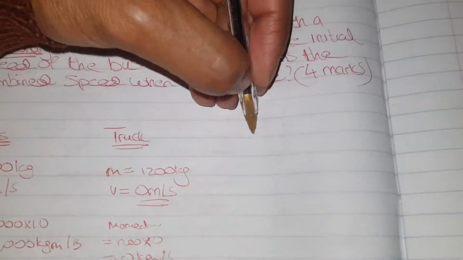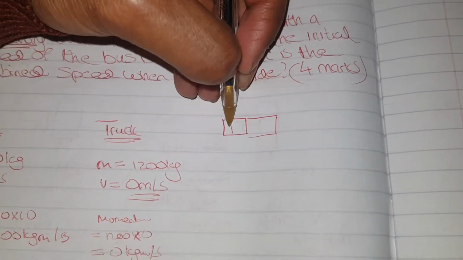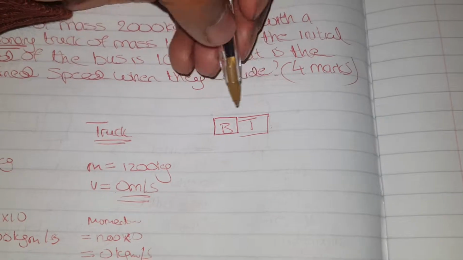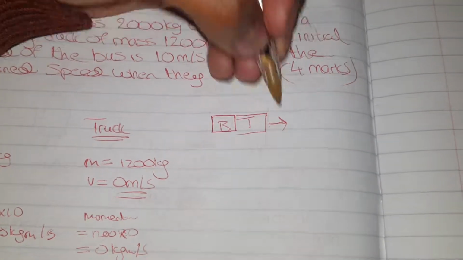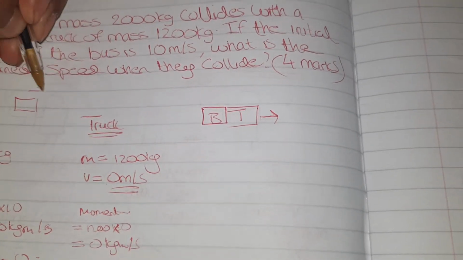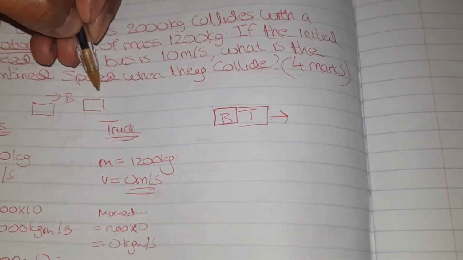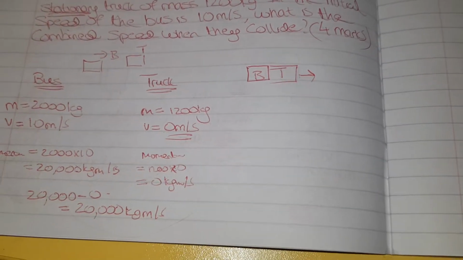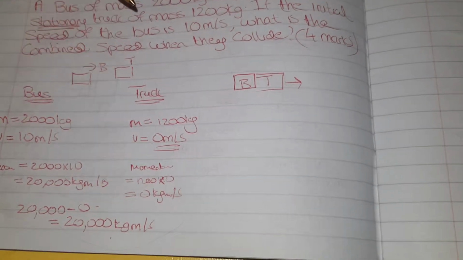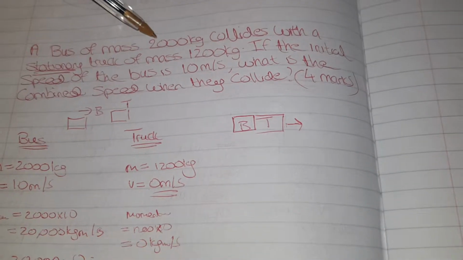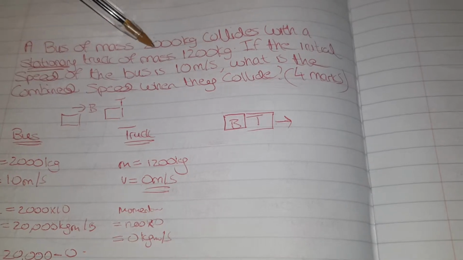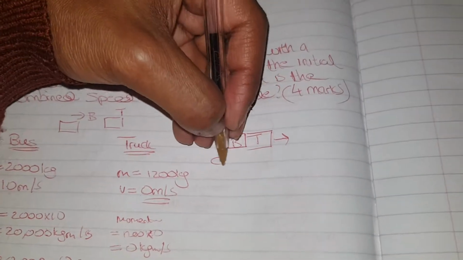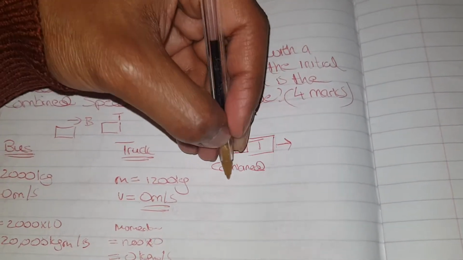Now when your bus and your truck, B for bus, T for truck, collide together, they move this way. Let's assume the bus was going this way. You don't have to draw stuff, I just draw it to make life easy. So they both move this way, and we have combined momentum. Now we need combined mass. We add the mass of both since they're moving together, which is 3,200.